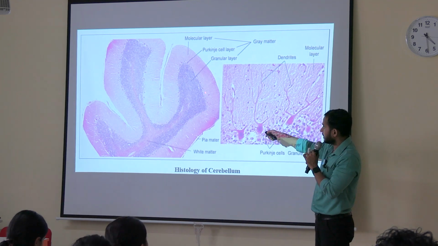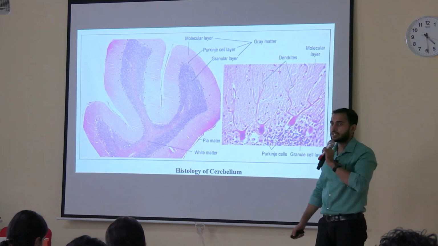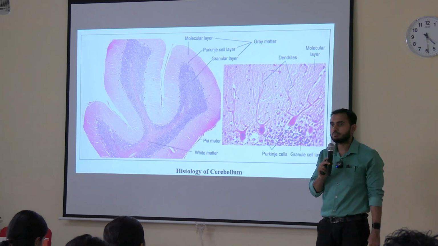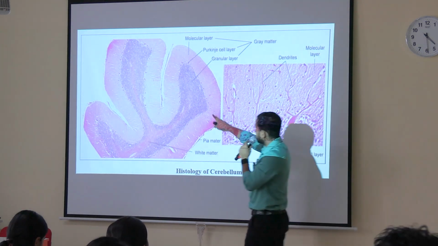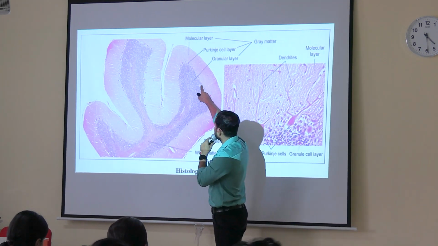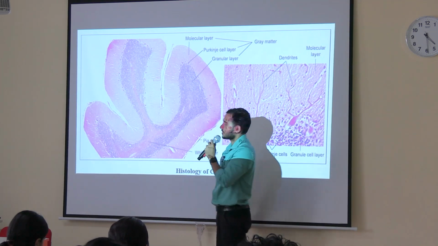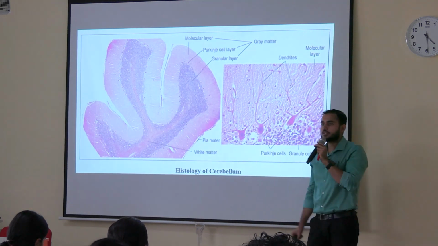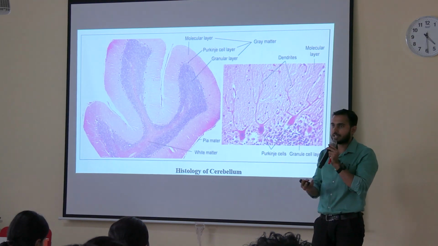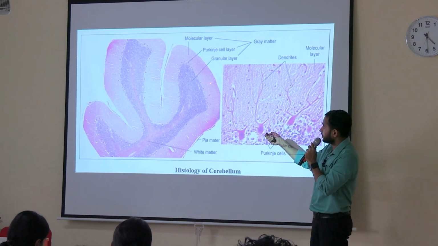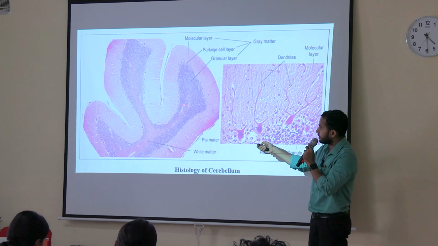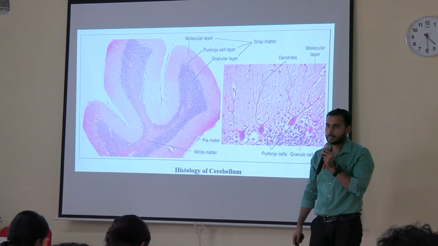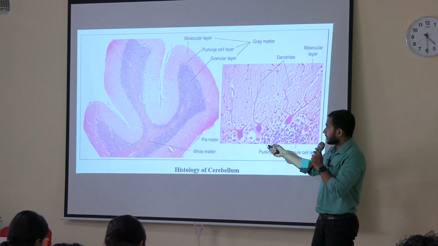In the Purkinje cell layer, what is seen? Cell bodies of the Purkinje cells. See, these are the cell bodies of the Purkinje cells. From the cell bodies of the Purkinje cells, the dendrites will go into the molecular layer, and axons will go deep into the white matter. Okay. So that is the Purkinje cell layer.